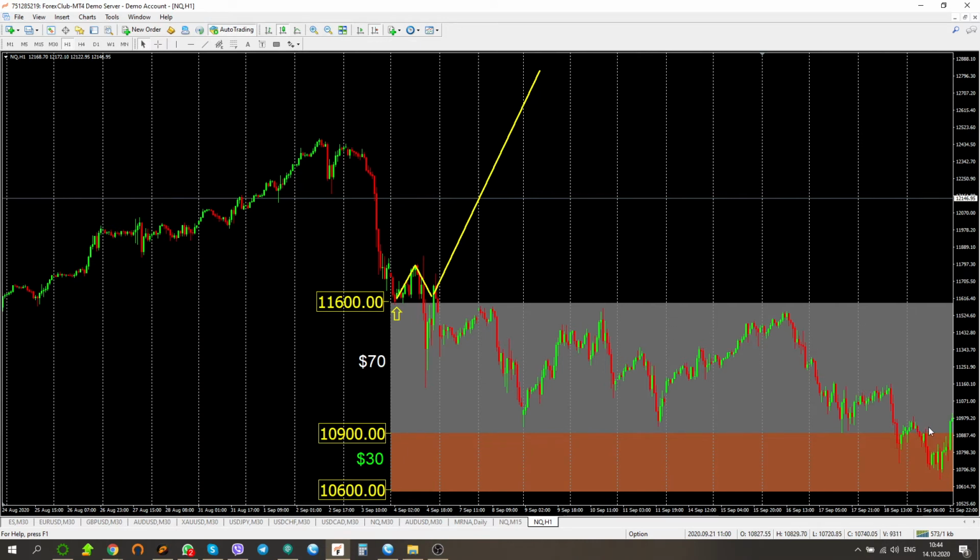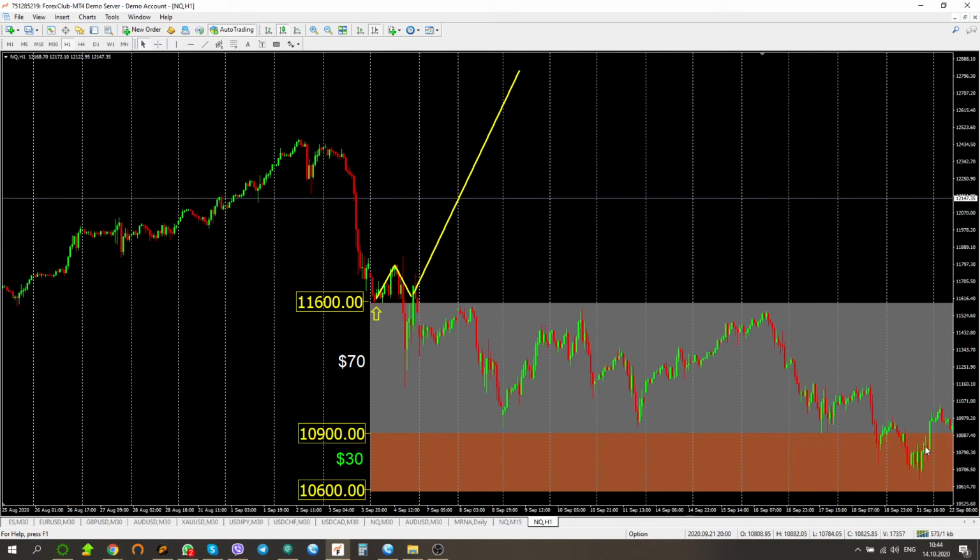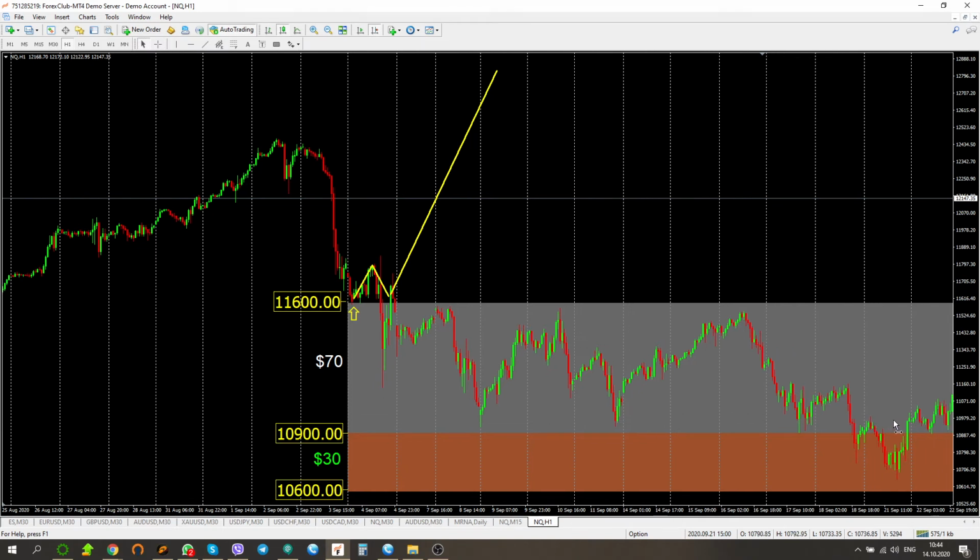We see the second wave down, and after it we can see that the market has stopped falling. We have some local resistance, and we should wait for the market to go above this local resistance to expect it to grow. I can make this line right here.